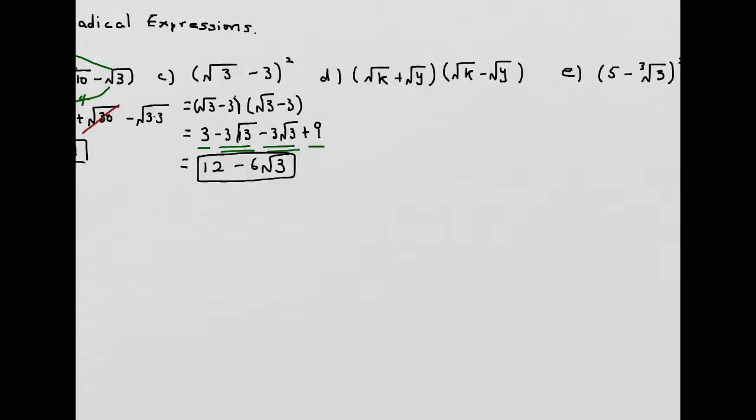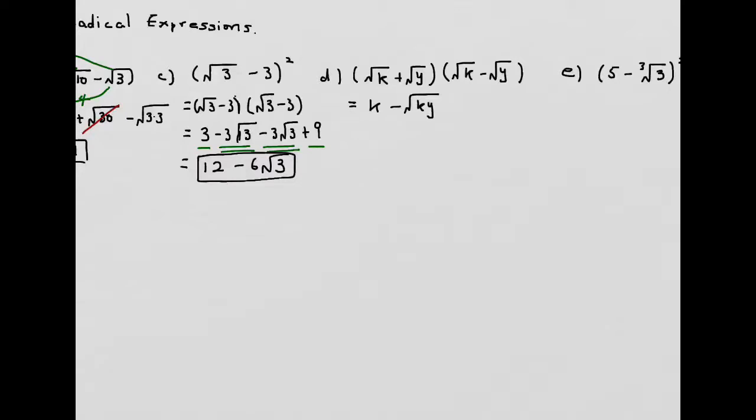Let's try another one. We have square root of k times square root of k will be k. We have k times negative square root of y. That will be negative square root of ky.